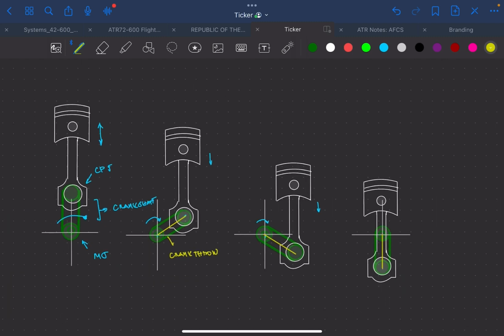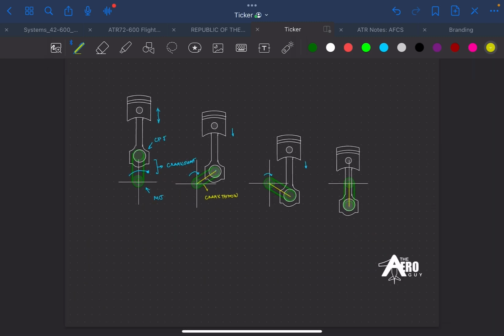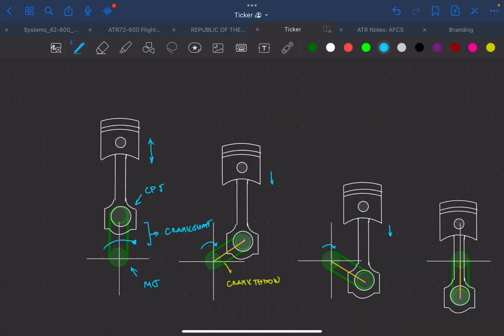Okay, we have a label for such piston positions. In the beginning, we call this top dead center. As soon as the crankshaft rotates a few degrees after top dead center, the position of the piston is called after top dead center.